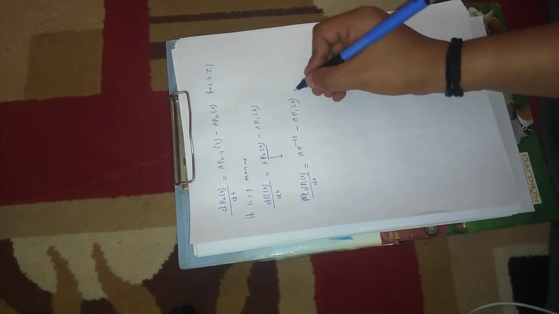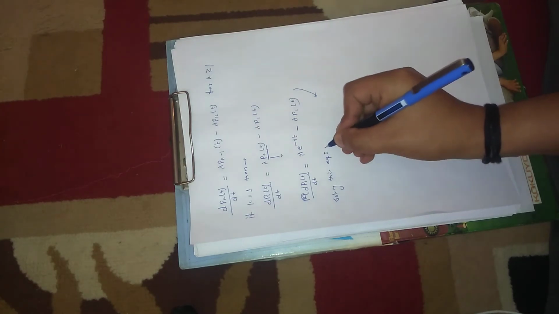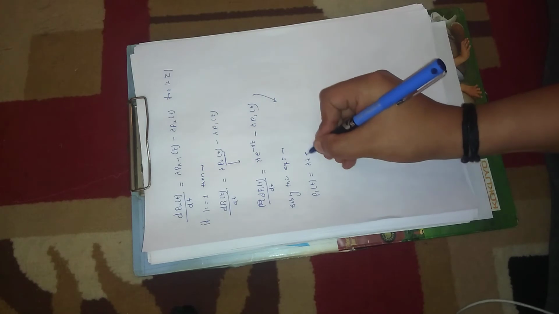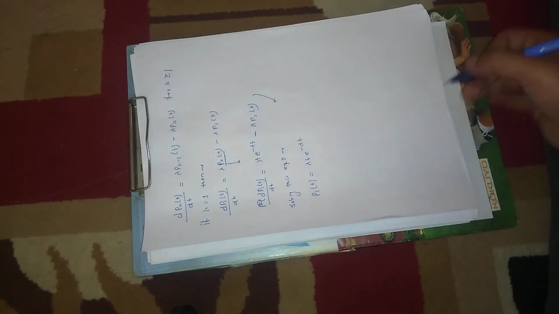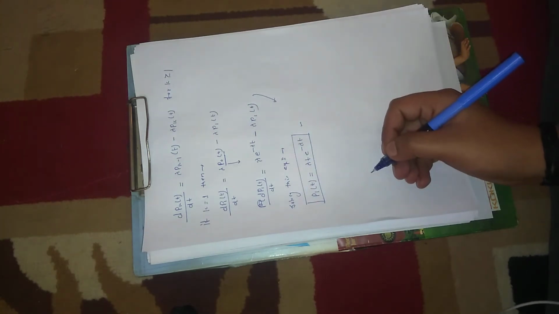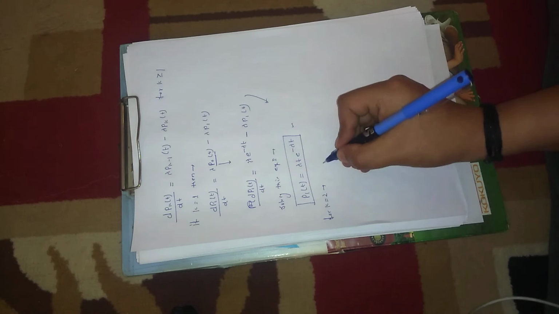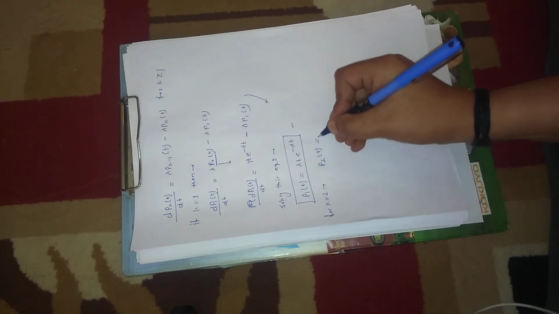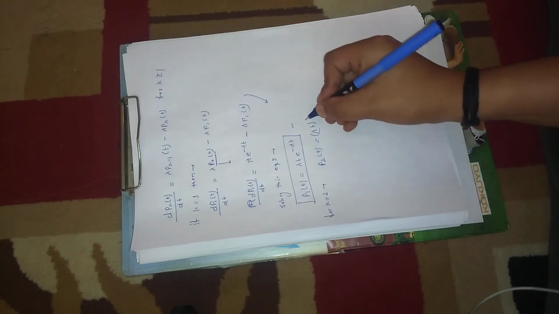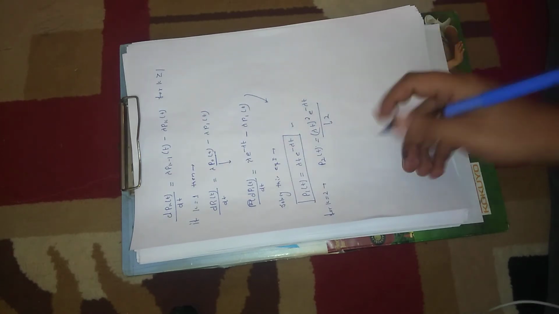Solving this differential equation, we have p_1(t) equals lambda t e^(-lambda t). Now solve for k equals 2. Similarly, the value of p_2(t) equals (lambda t)^2 e^(-lambda t) upon factorial 2.